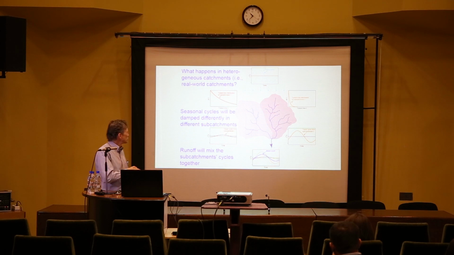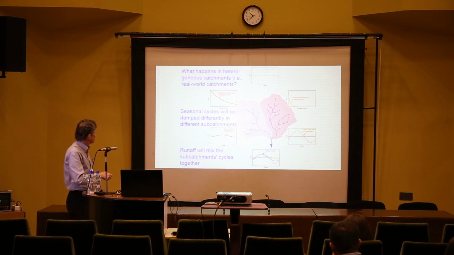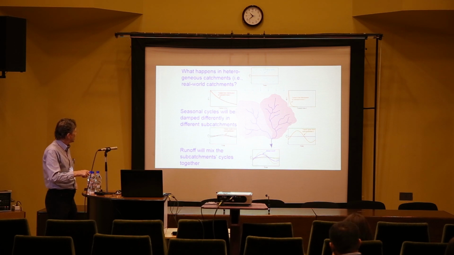The one on the right has a short residence time, and so it will take a precipitation signal like this and transmit that signal nearly completely. The landscape on the left has a much longer transit time, a more stretched out transit time distribution, and its seasonal cycle will be damped a lot more.